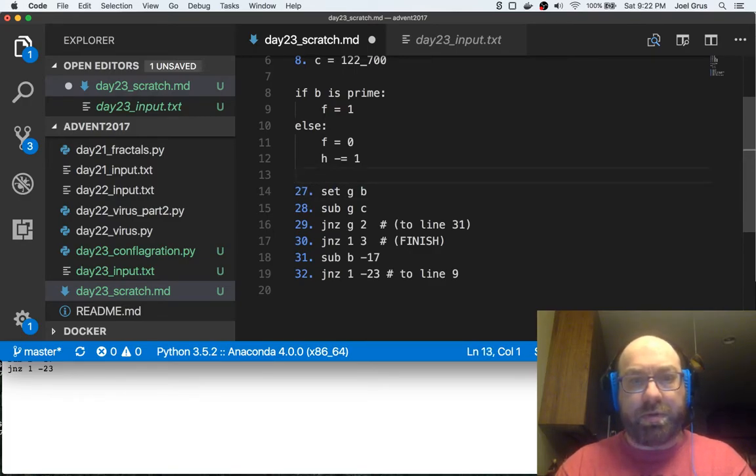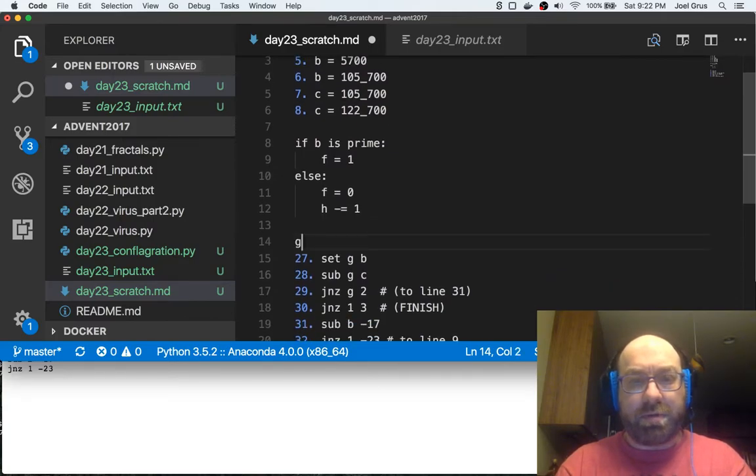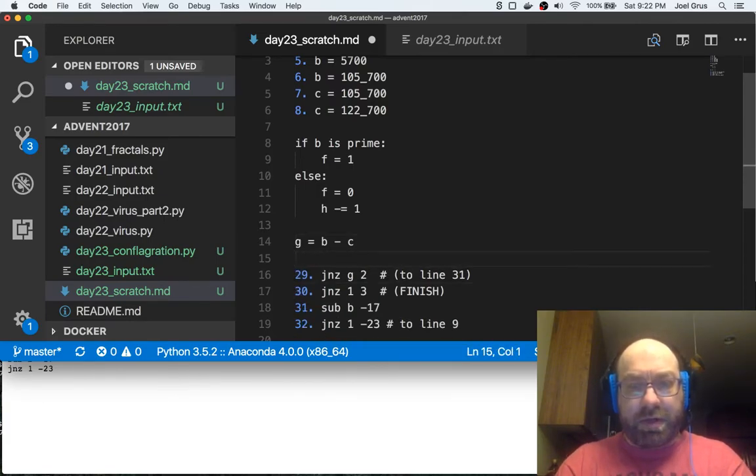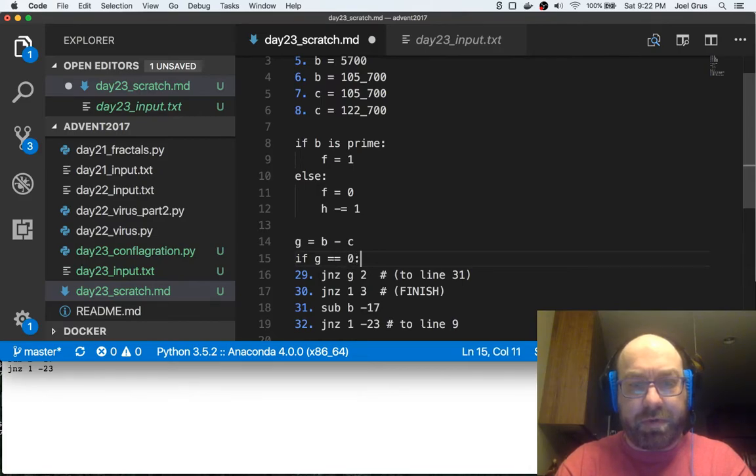And now we want to set G equals B. So G equals B minus C. And then if G is not equal to 0, go to 31. Otherwise, we go to this thing which is finished. So I'm just going to rewrite this as if G equals 0, exit.